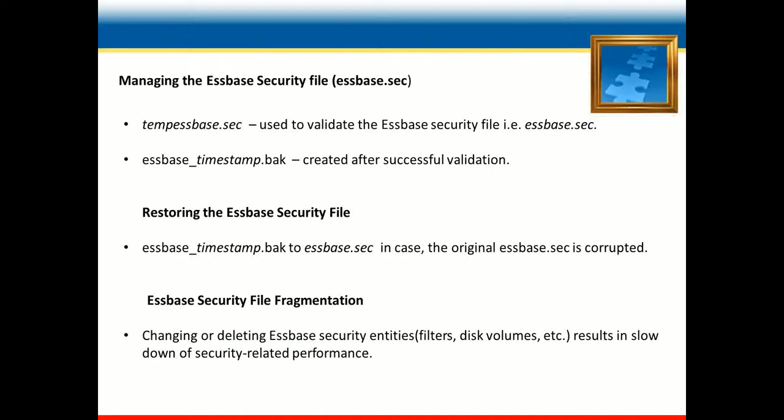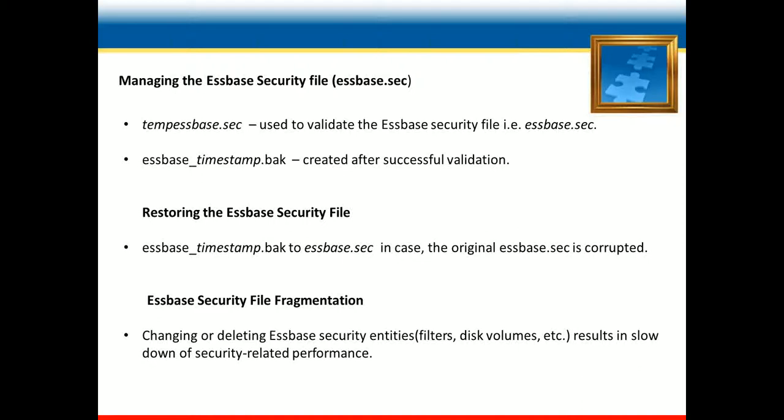So how does this security file get managed? Initially, when the SBase server service is about to start, it creates a temporary SEC file for validating the current security file. By default, there should be an sbase.sec file in the ARBORPATH, inside the bin directory.